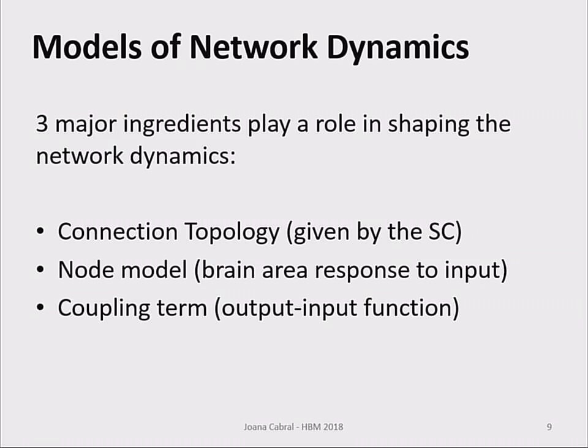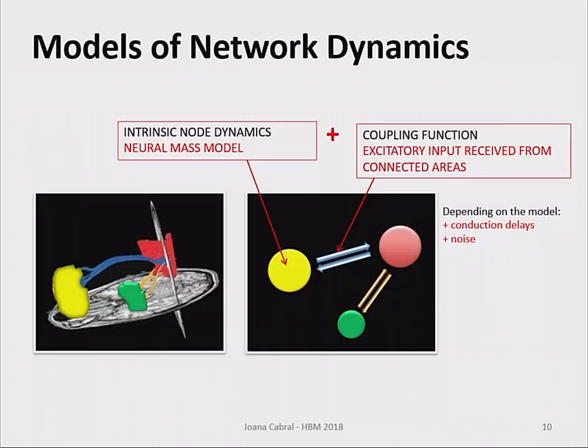So, to model network dynamics, it's not important just to have the structural connectivity or the connection topology, but also to have a node model. Which means each area will respond to input, so to understand how it responds, and also a coupling term, which is how the output from brain areas will translate into input to the other brain areas.